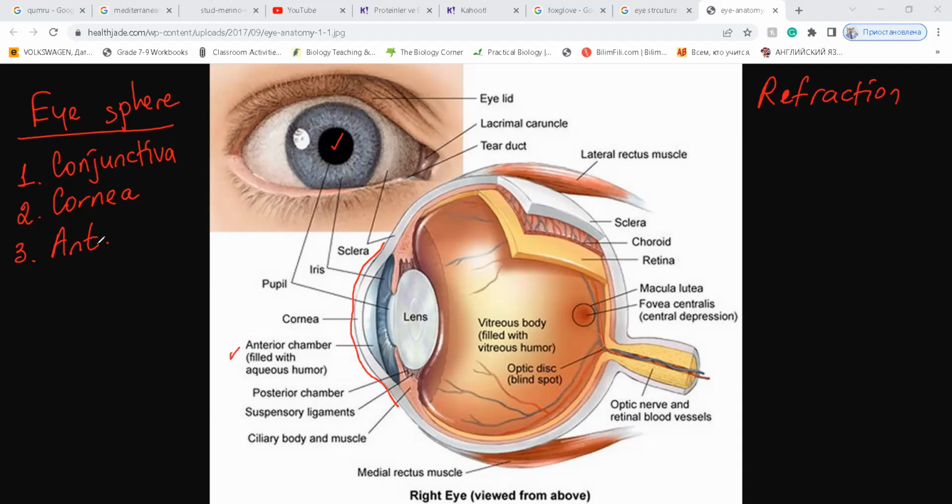Posterior means the hind one. So we are calling it the anterior chamber, which contains aqueous humor, guys. Aqueous means watery. Humor means liquid. This aqueous humor must be transparent to let light pass through the pupil.